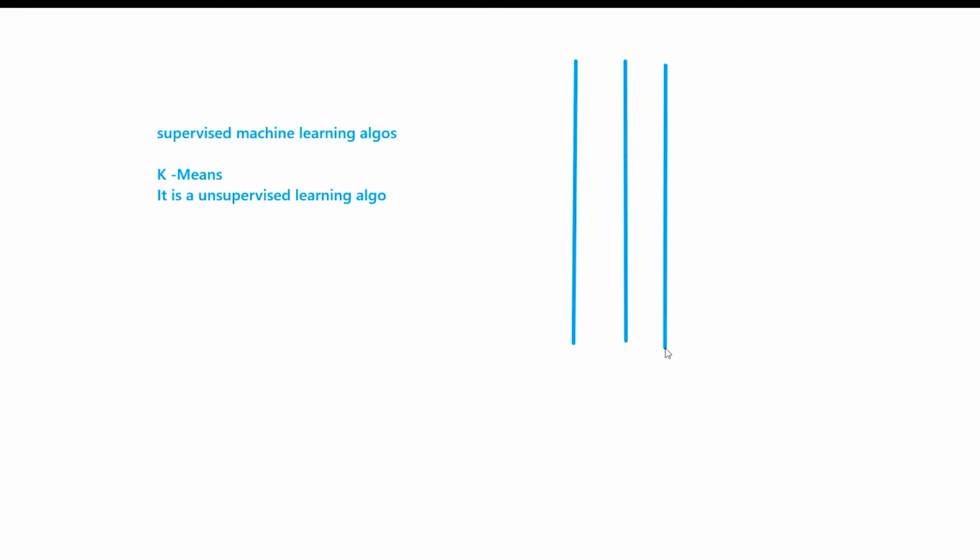Okay, so as we have seen in our previous algorithms, what we had as data was some x. It was like this: we had x0, x1, x2, and we also had the y part. We had some values here, and on the basis of these values we had some y value, that the output will be like this.